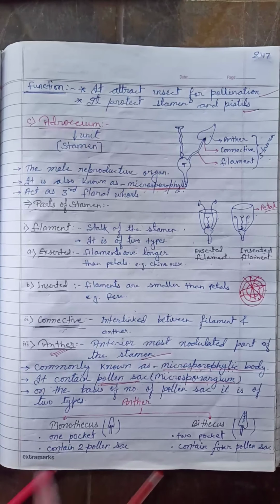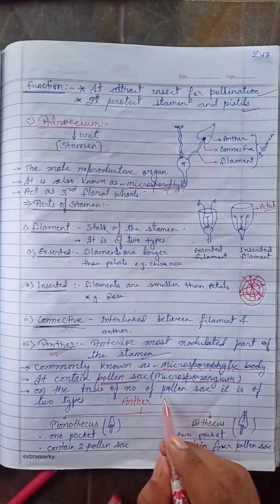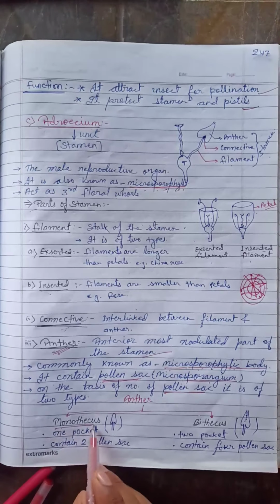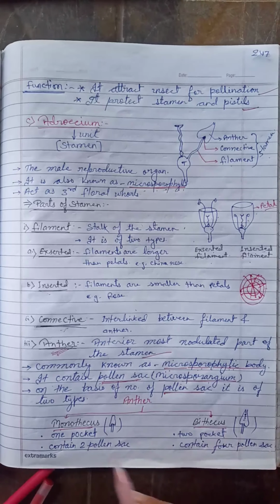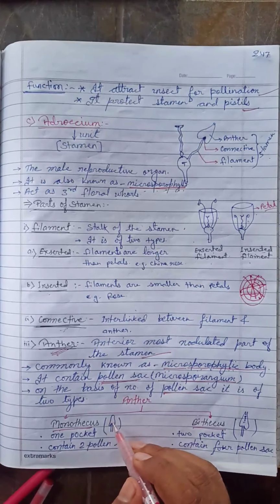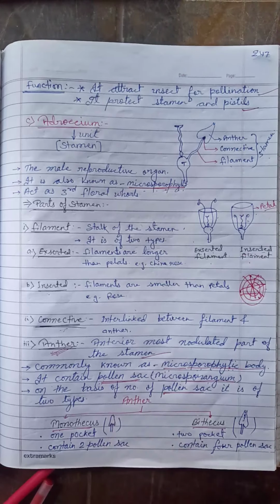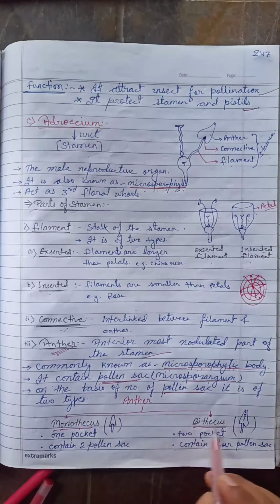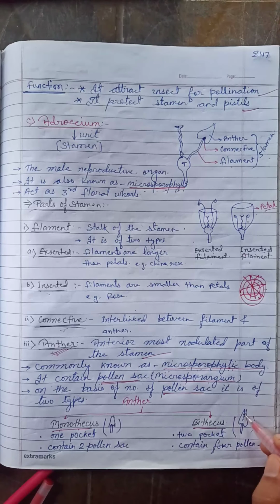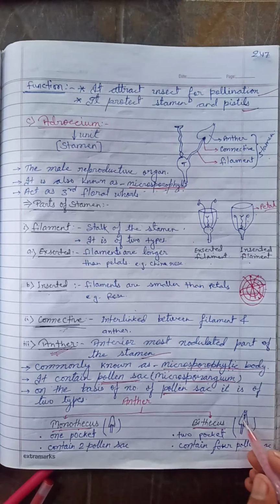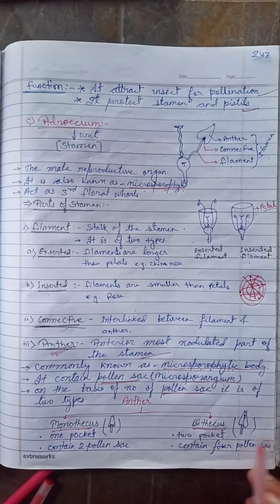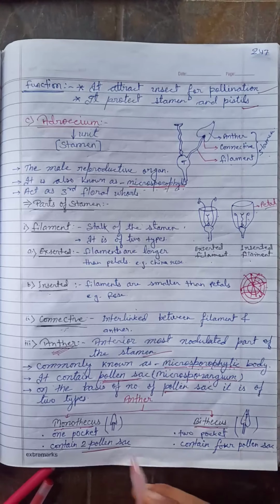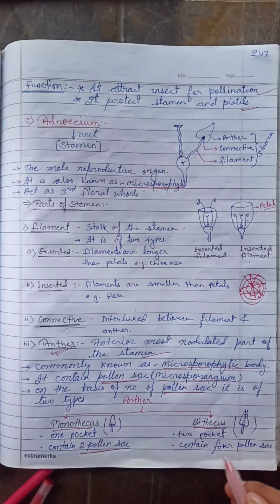Now on the basis of the pollen sacs, anther is of two types, that is monothecous and dithecous. Monothecous means the anther contains a single pocket-like structure, whereas in dithecous the anther contains two lobes or two pockets. In monothecous there are two pollen sacs, and in dithecous each lobe contains two pollen sacs.